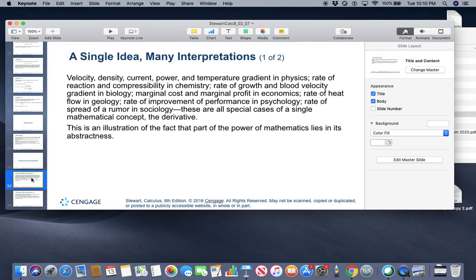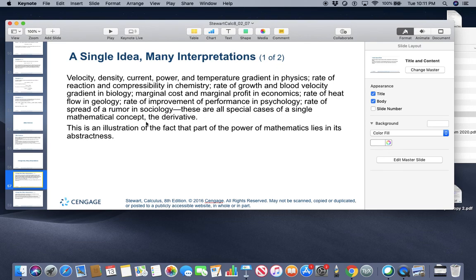Single idea, many interpretations. Velocity, density, current, power, and temperature gradient in physics; rate of reaction and compressibility in chemistry; rate of growth and blood velocity gradient in biology; marginal cost and marginal profit in economics; rate of heat flow in geology; rate of improvement of performance in psychology; rate of spread of a rumor in sociology.